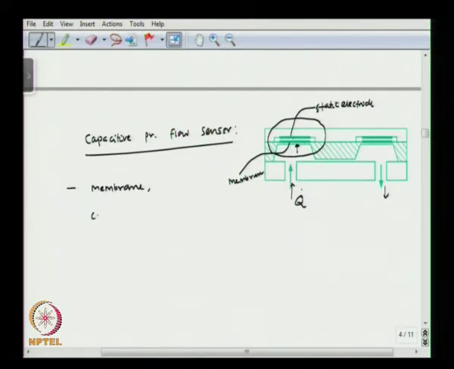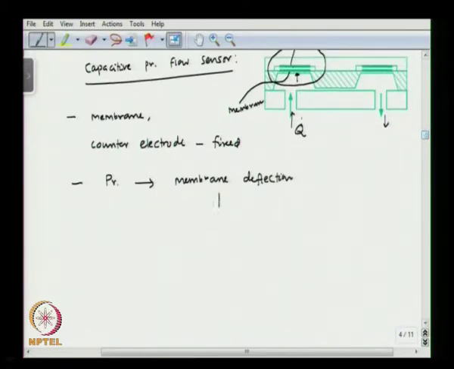Okay. So, here in the capacitive pressure flow sensor we have different components, we have a membrane and we have a counter electrode. So, membrane itself has one electrode, the counter electrode which is typically fixed, and what happens is the pressure causes the membrane deflection. The pressure causes the membrane to deflect and the membrane deflection will cause change in the capacitance.